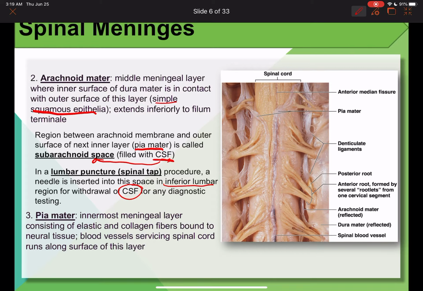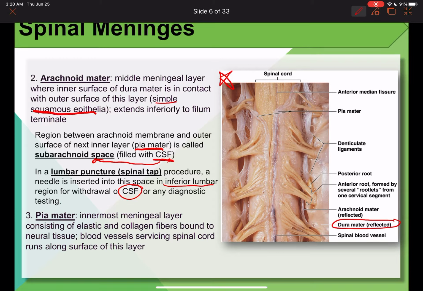Now, this picture here is of an actual spinal cord on a cadaver, for example, and it shows the anterior view of it with those 3 spinal meninges peeled away one by one. I like this picture because you can really see how this layer, they say, is dura mater reflected.